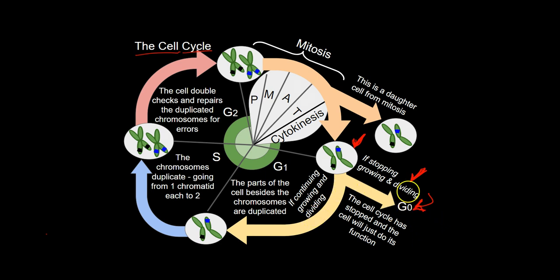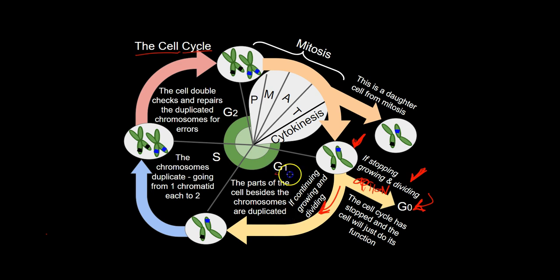And so that's entirely possible. So this is like an option right here where this cell could get out of the entire life cycle and stop growing and dividing and just remain in its current state for years even, especially if it's a nerve cell.